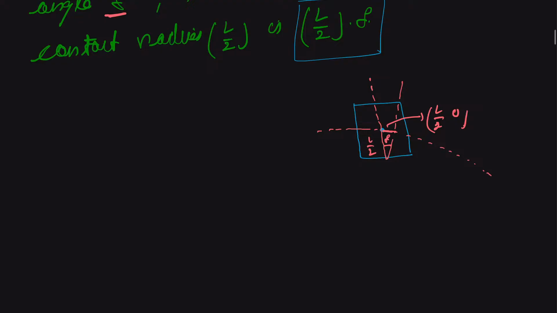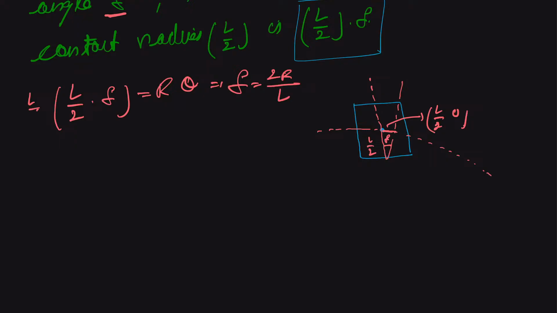And therefore we can write that L by 2 times delta will be equal to R times theta. And from here we can say that delta is equal to 2R divided by L times theta. So this is basically the relationship between the cube rotation and the contact angle rotation.